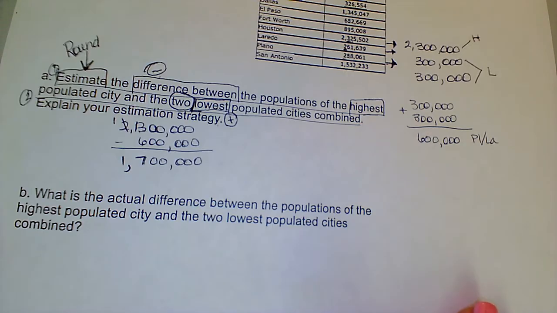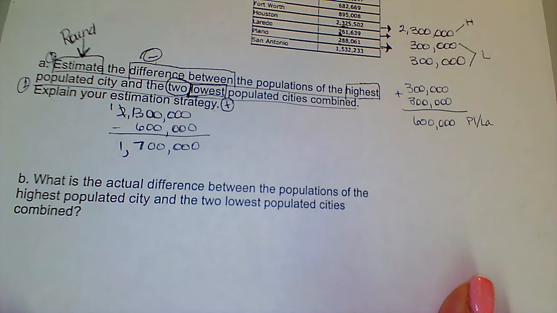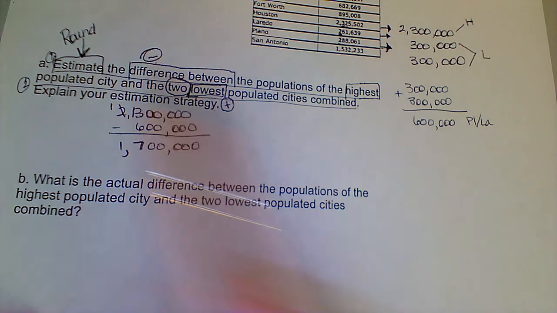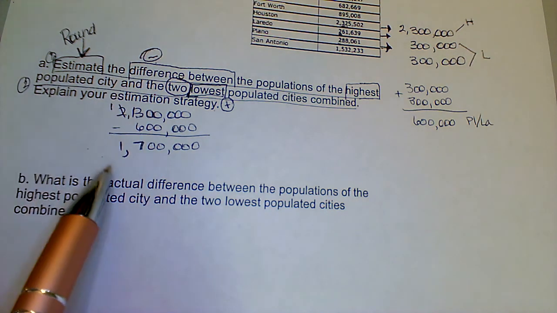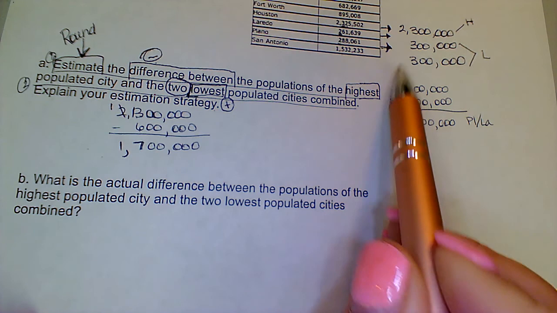Now, B is asking for the actual difference between the populations of the highest populated city and the 2 lowest populated cities combined. Oh, by the way, we finished number 2 because we showed all of our work. Okay? So we didn't explain in words. We explained by showing exactly what we did.